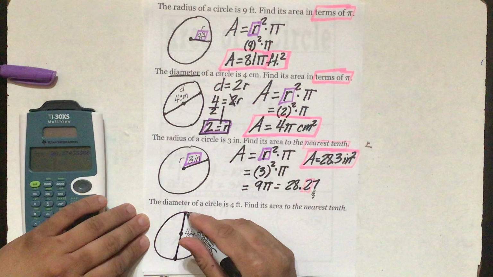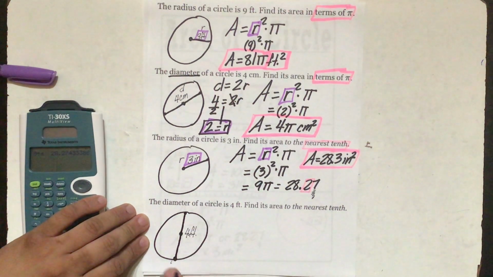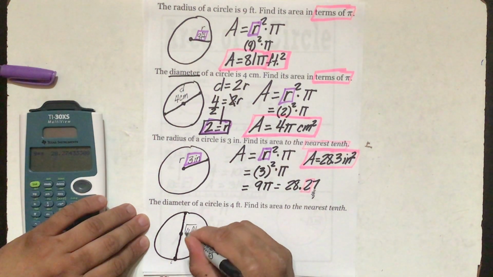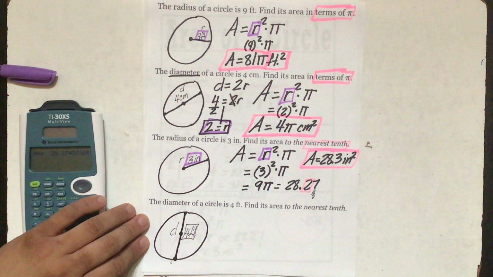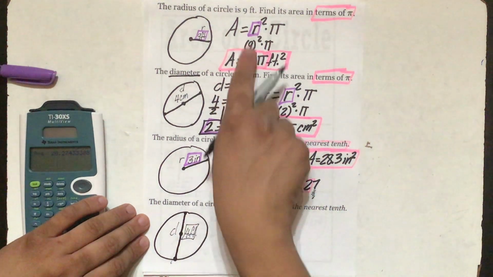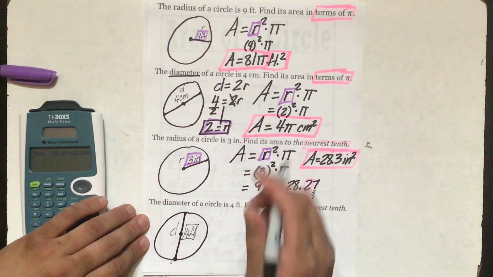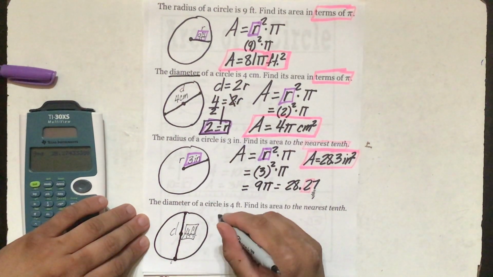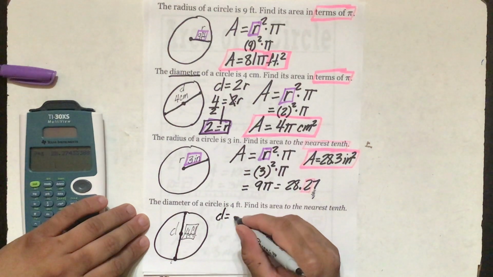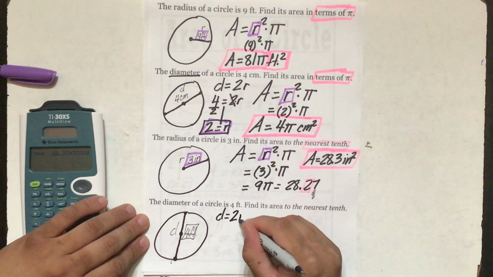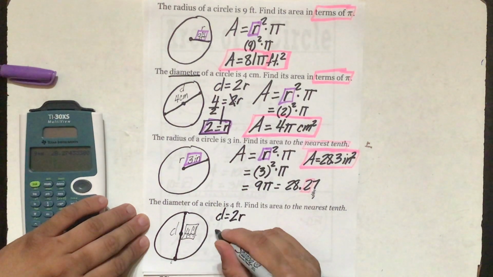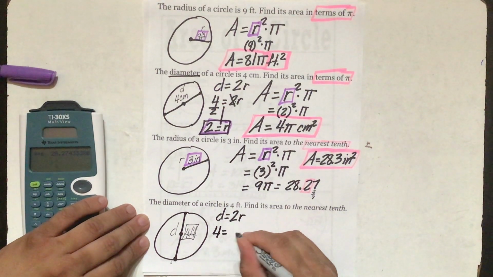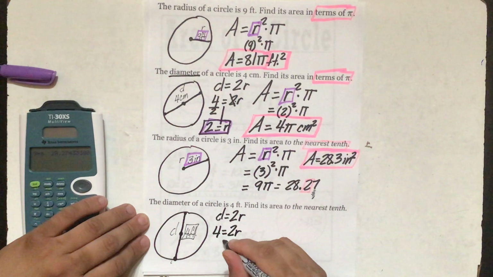So 4 feet from one side of the circle all the way to the other. So this is my diameter, right? So I'm going to need to use the diameter formula, which is D is equal to 2R. Well, my diameter is 4, so I'm going to plug in 4 here, is equal to 2R.